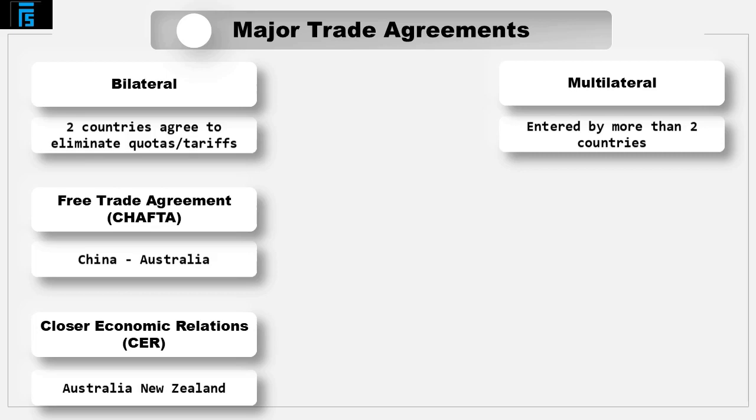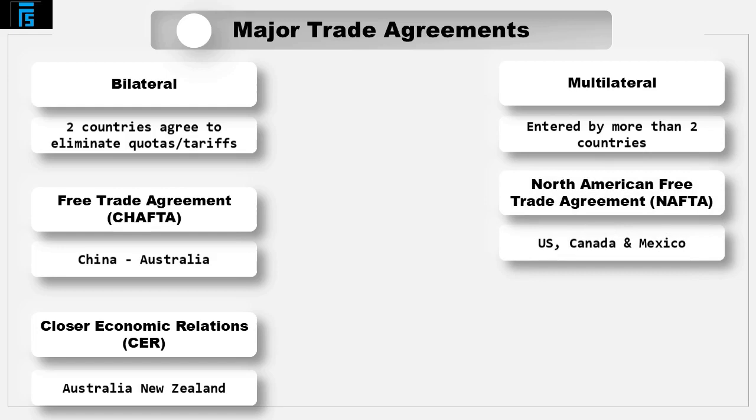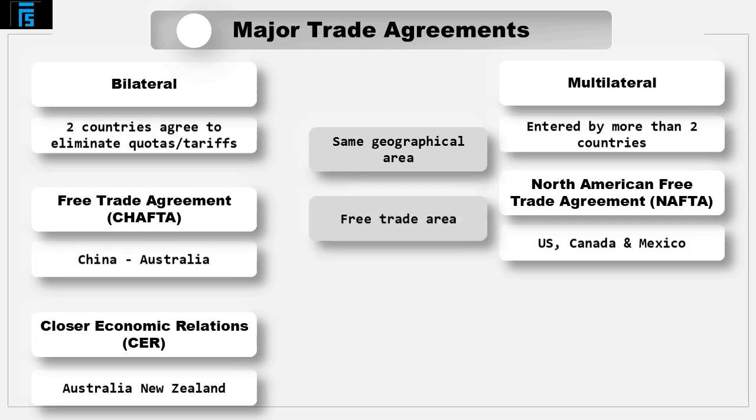An example of a multilateral free trade agreement is the North American Free Trade Agreement, or NAFTA, between the United States, Canada, and Mexico. When a multilateral free trade agreement is entered into by a bloc of countries located in the same geographical area, then it is typically referred to as a free trade area.